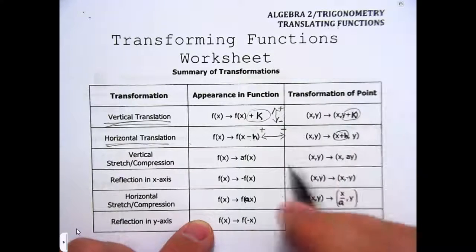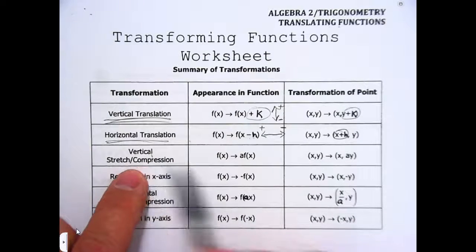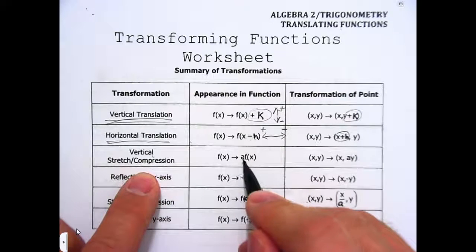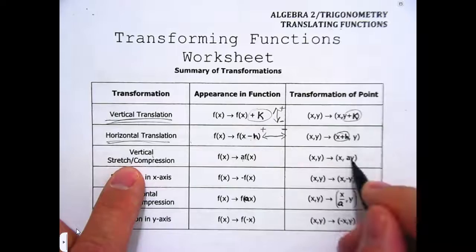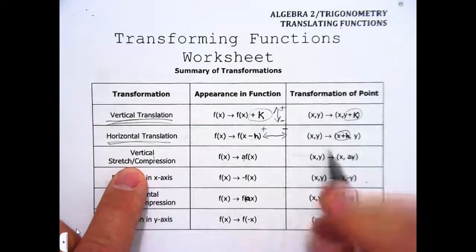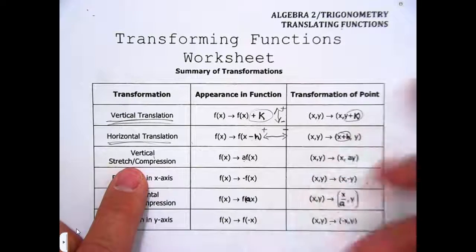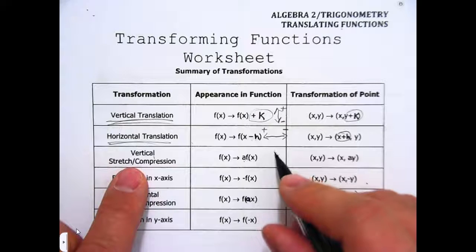Okay, so just a real quick review. We did vertical stretch and compression. Vertical happens on the outside of the parentheses. That's the A term. It affects the output because it happens on the outside, or the Y value. And this vertical stretch, if A is greater than 1, then it's stretching.